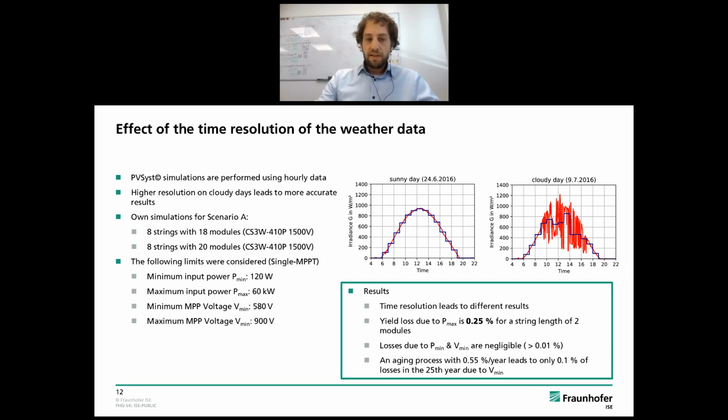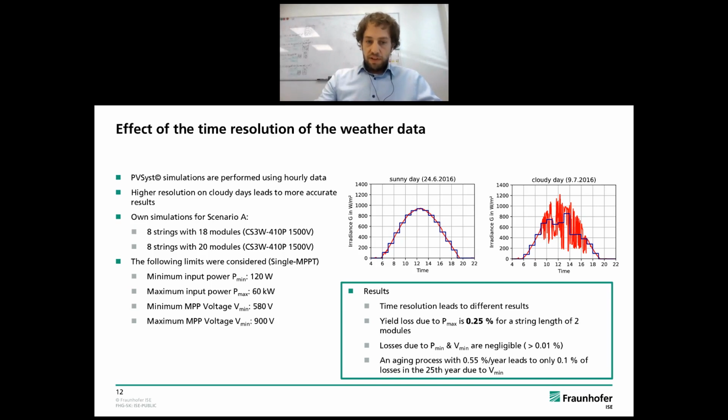For example, the yield loss due to the maximum power limit of the inverter is 0.25% for string lengths of 20 modules. There's a spelling mistake here, 20 modules. And if you go with a time resolution of hourly values, then this is almost negligible. Then you get only 0.1%.